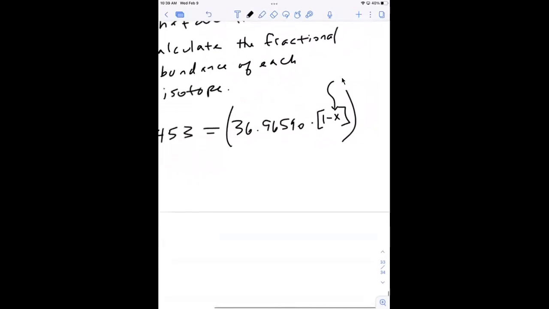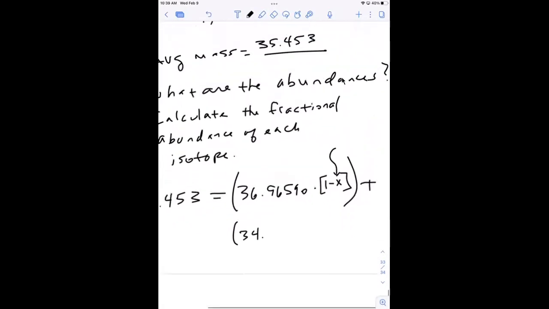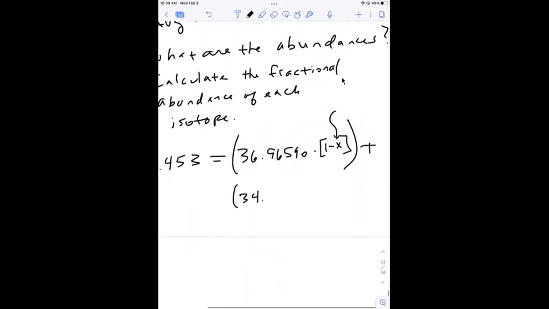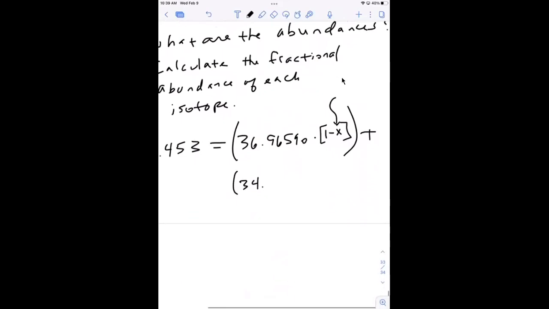Plus the other number that we used, 34.96, times x.